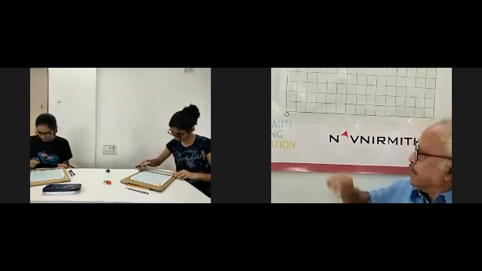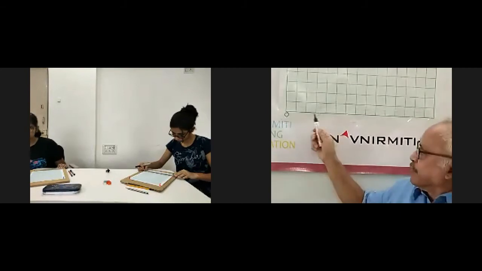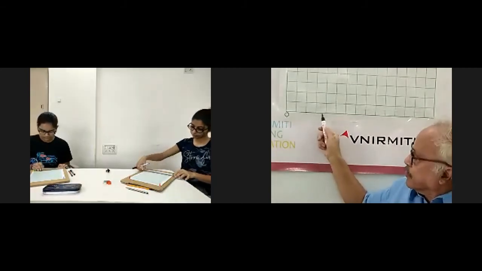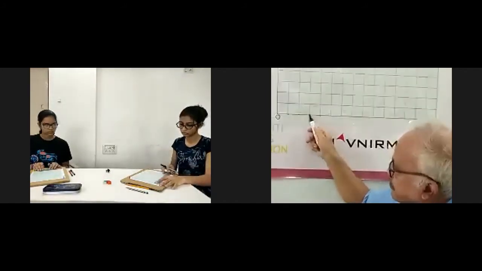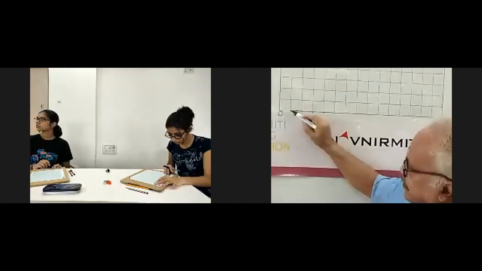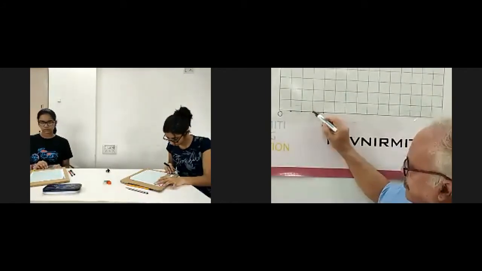And you will note that all these points are separated from each other by what distance? 1 centimeter. By 1 centimeter. That's right. So now the graph paper and your scale are both matching. And we can use the graph paper as a scale.